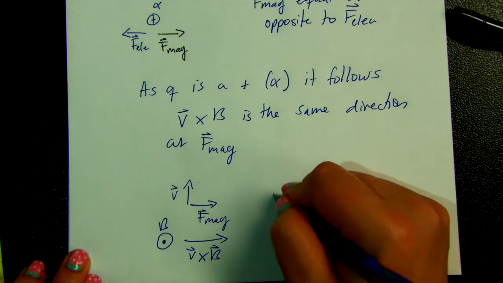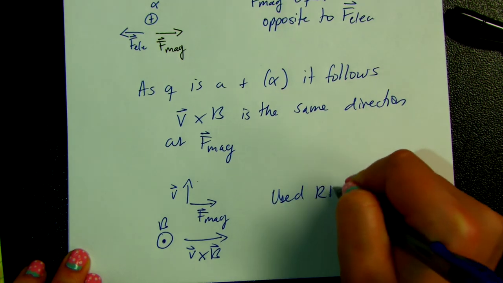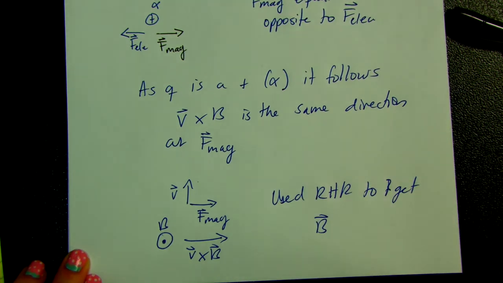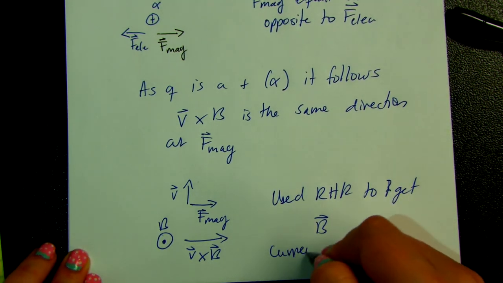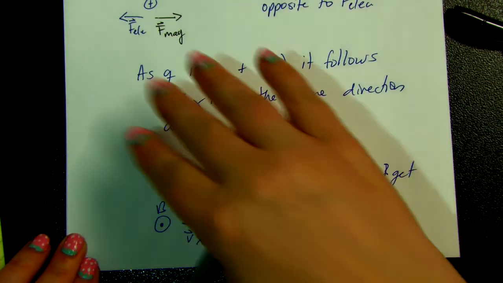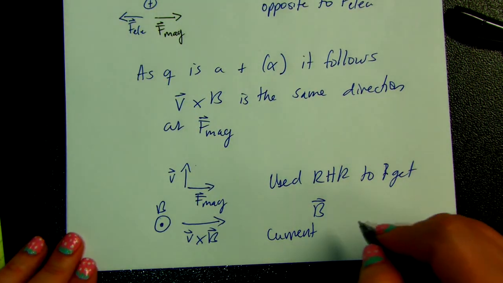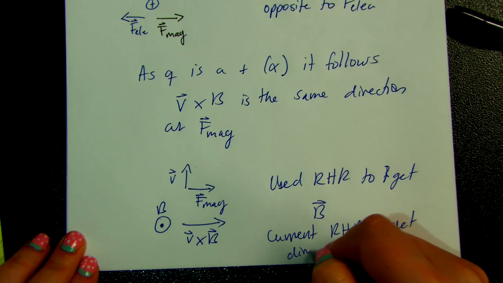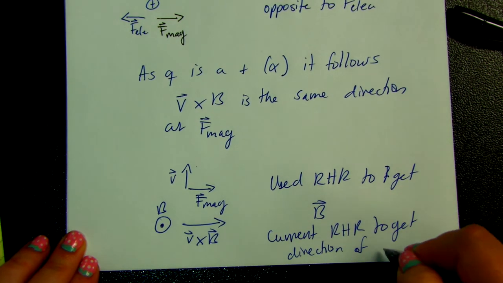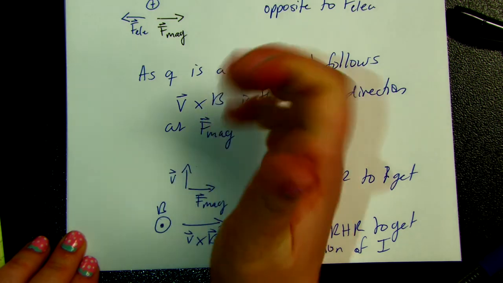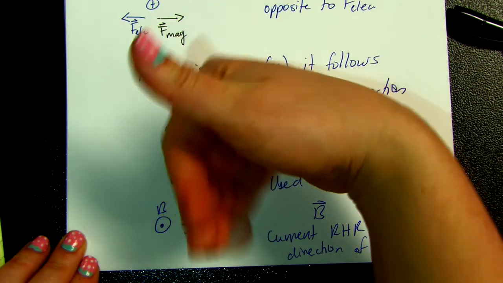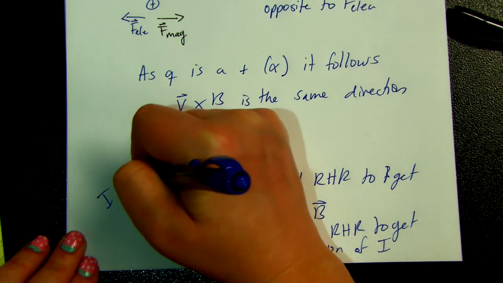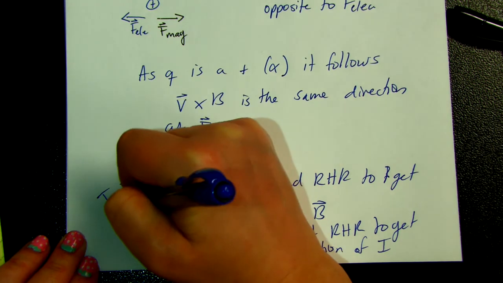Okay, so we used the right-hand rule to get B. Now we can use our current, and by that I would mean current like a flow of charges, not current situation, right-hand rule to get direction of I. So if B is pointing out, our fingers curl this way, which is counterclockwise. So I is counterclockwise.